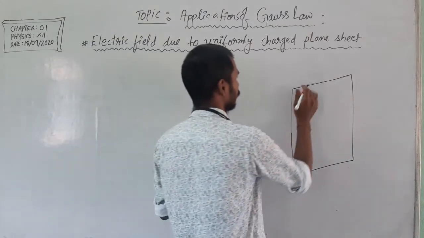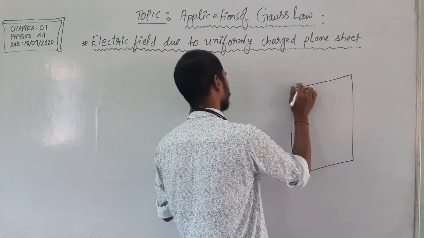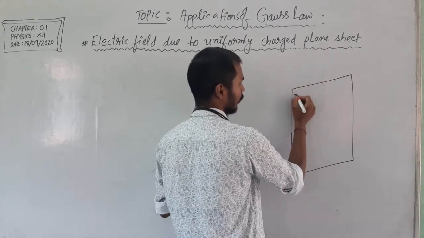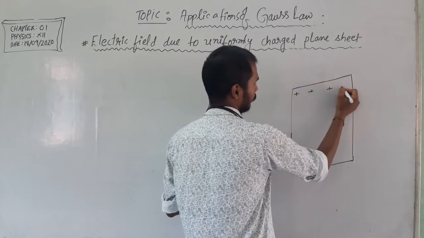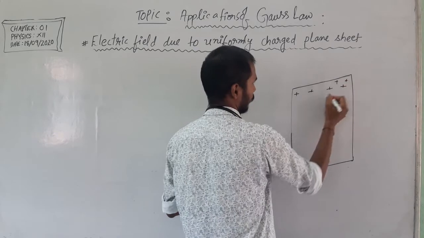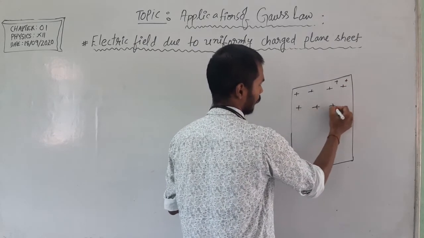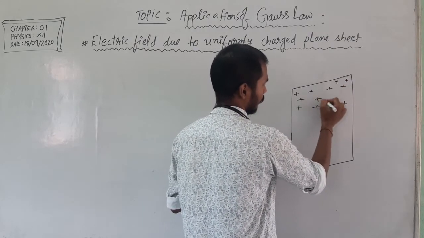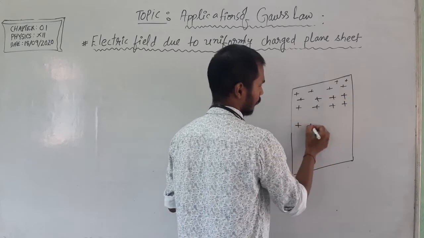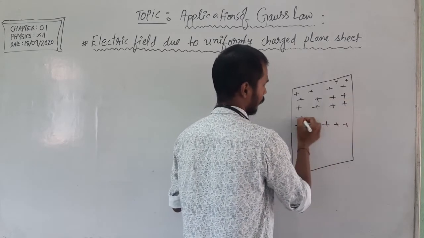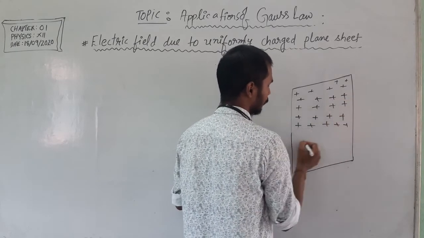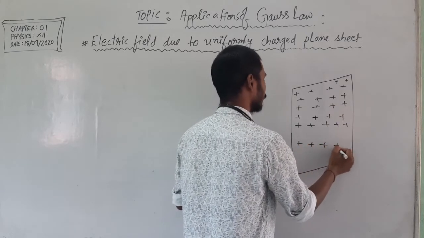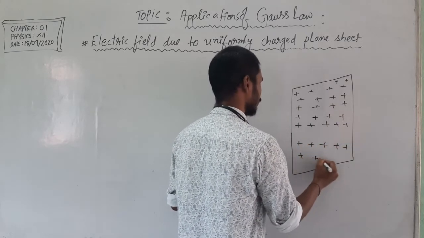There is a uniform charge distribution, that is, it is positively charged, and charges are uniformly distributed. So we can easily calculate the surface charge density for this plane sheet.